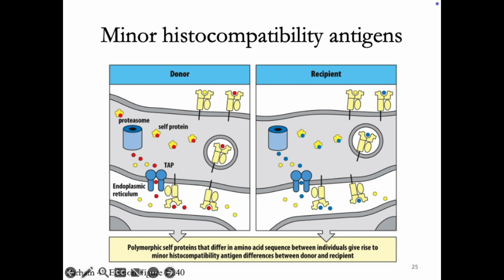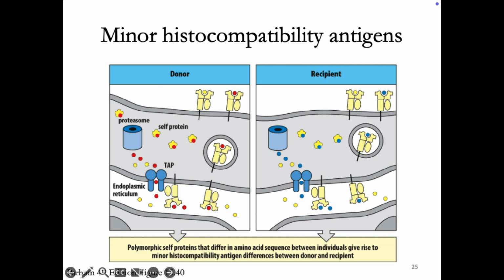So David is going to give me a kidney. Can you think of any proteins that might be different between me and David? Are there any proteins that David might have that I don't have?